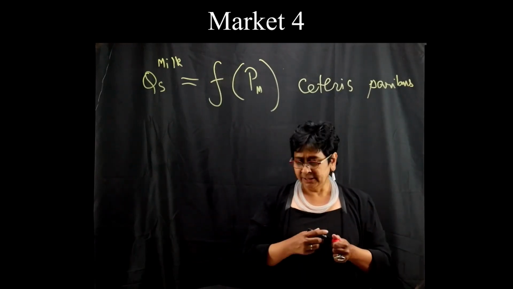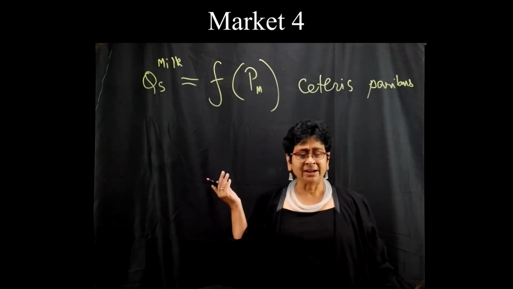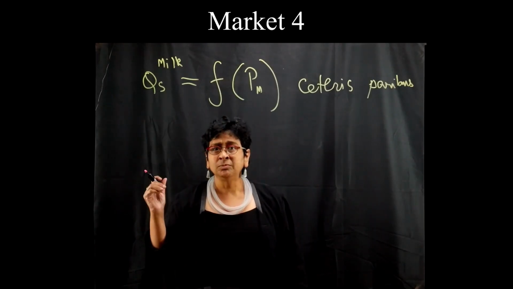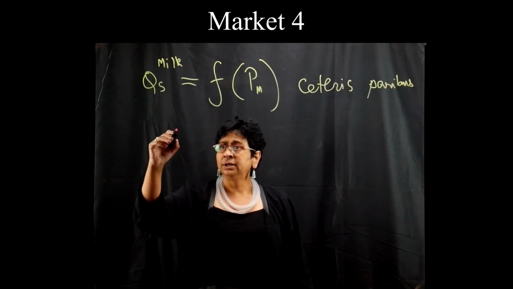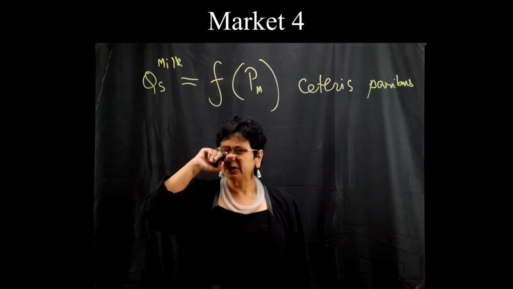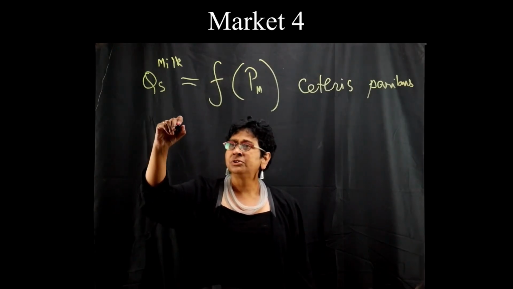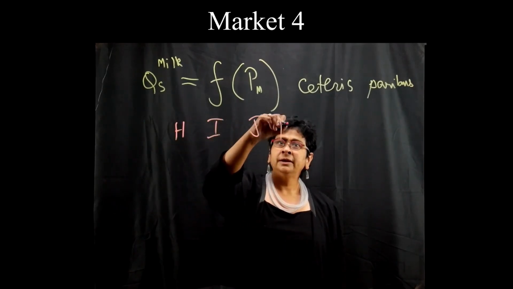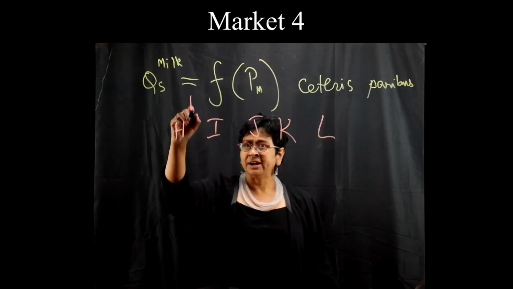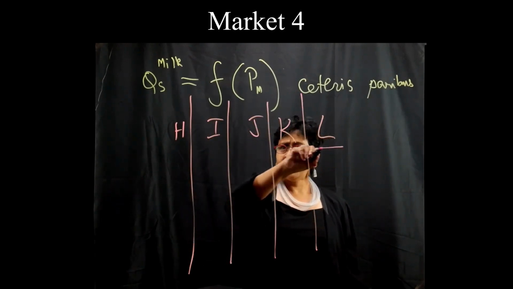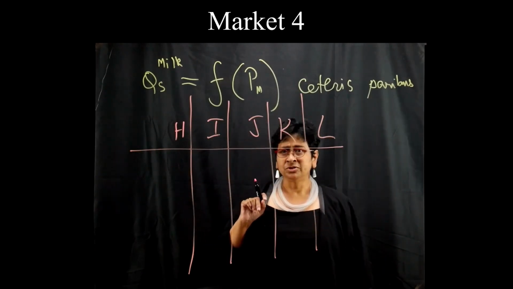So in this market, like before, let us say that we have 5 producers, and instead of A, B, C, D, E, I'm going to call them H, I, J, K, L. All right, these are my 5 producers, and they are responding to the price of milk.